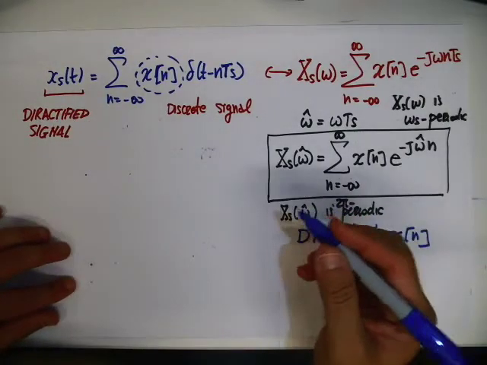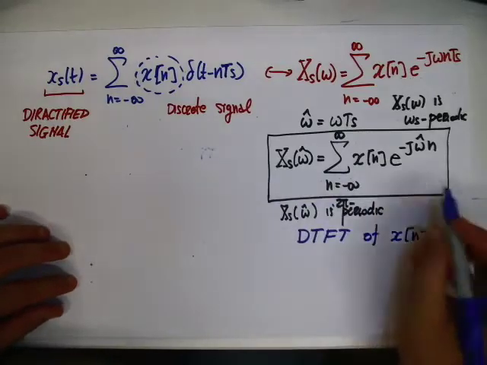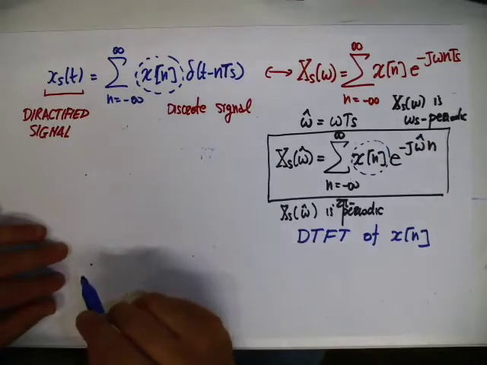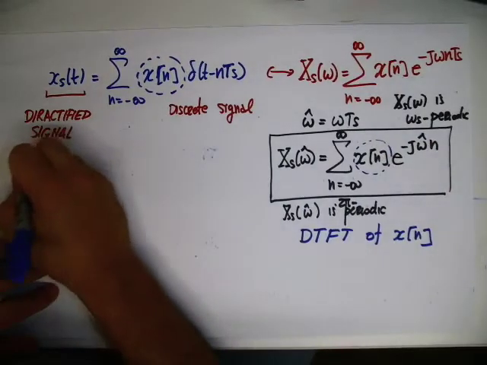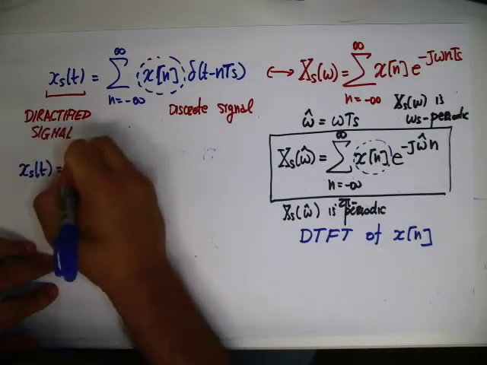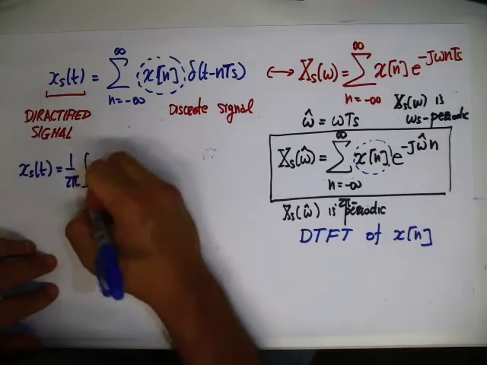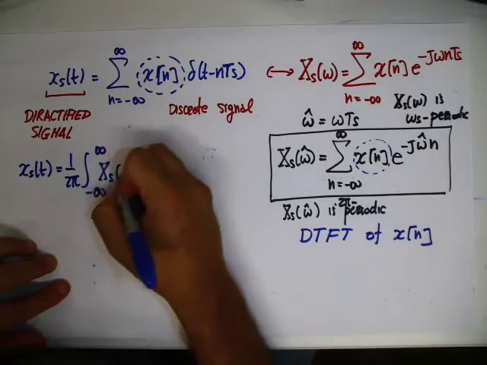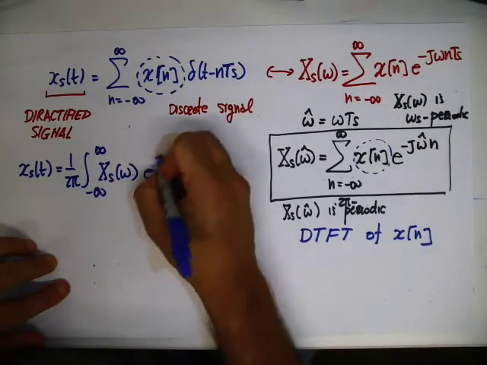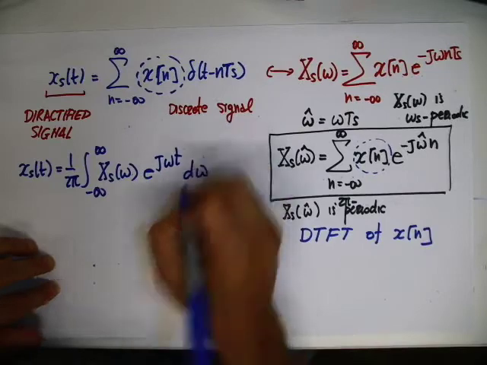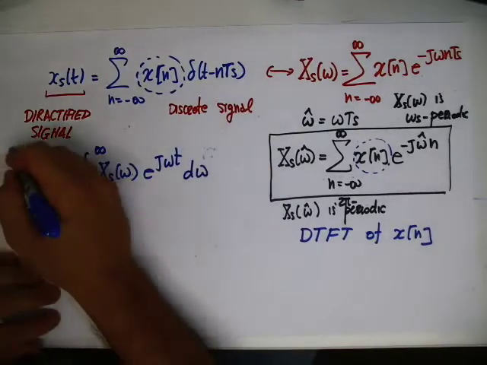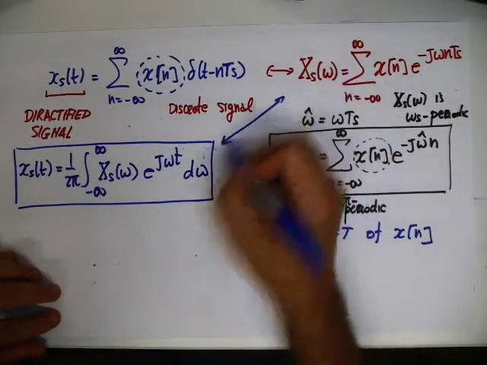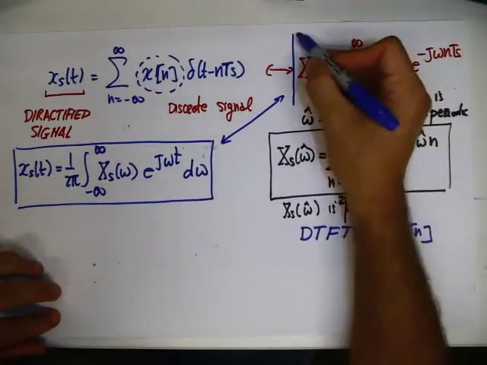Now, given this Fourier transform, we would like to recover the discrete signal. We know how to recover the Diractified signal because this is equal to 1 over 2 pi integral from minus infinity to infinity of X s of omega e to the j omega t d omega. Okay? This is basically the inverse Fourier transform of this signal here.